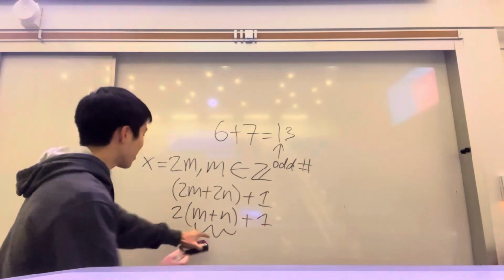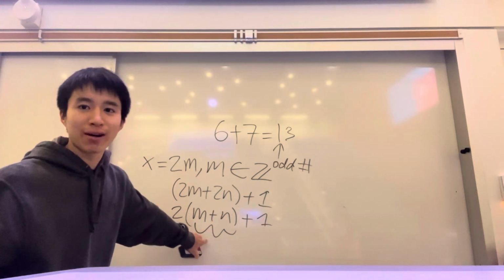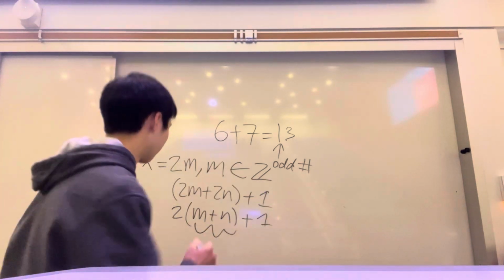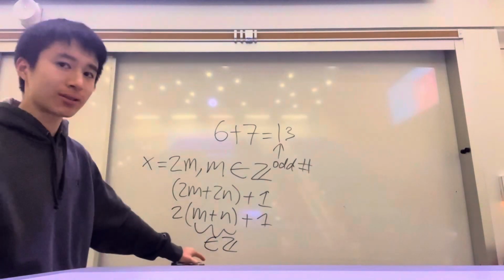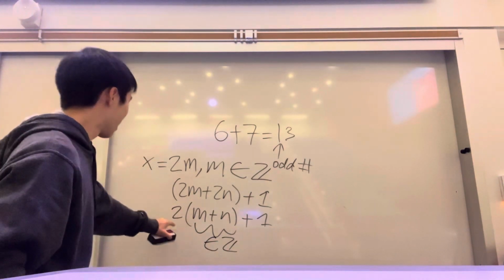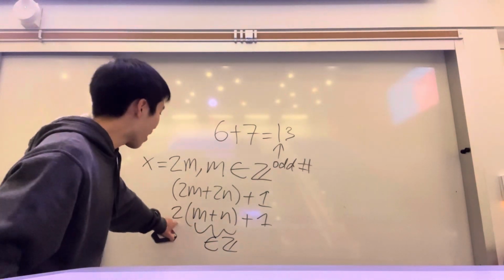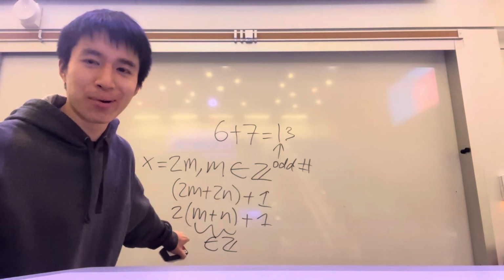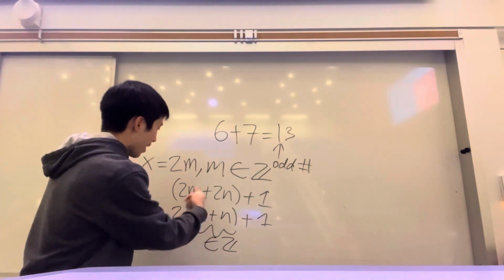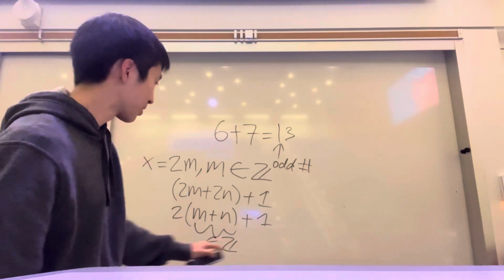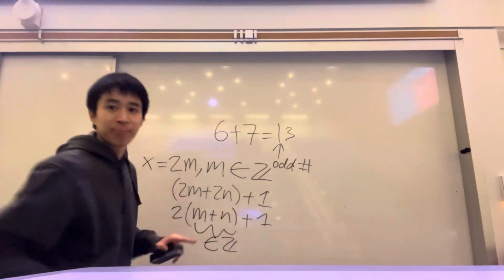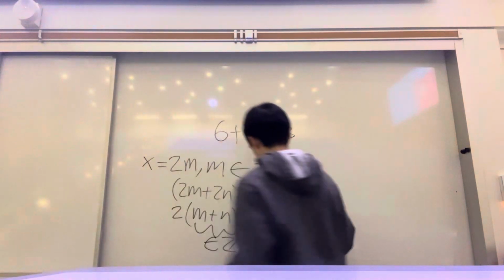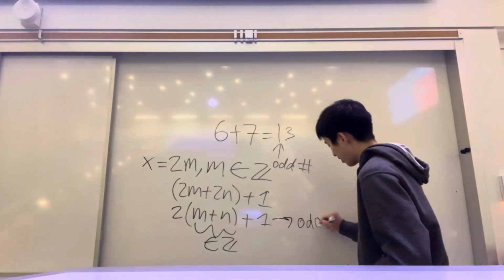So m plus n still belongs to the set of whole numbers, integers. And notice now, we have the definition of an odd number: 2 times any integer plus 1. That's by definition of an odd number.